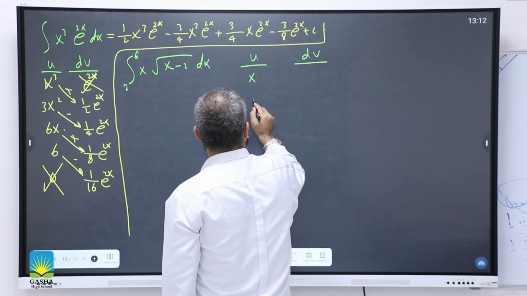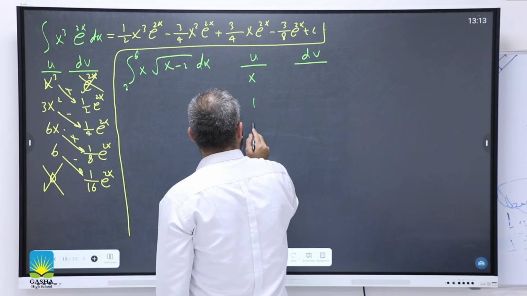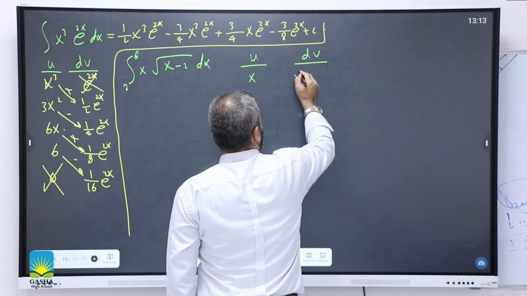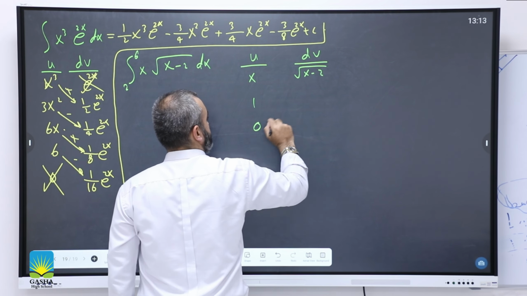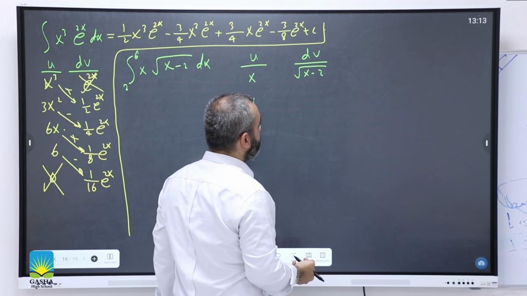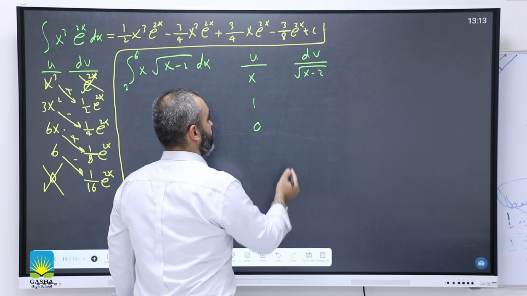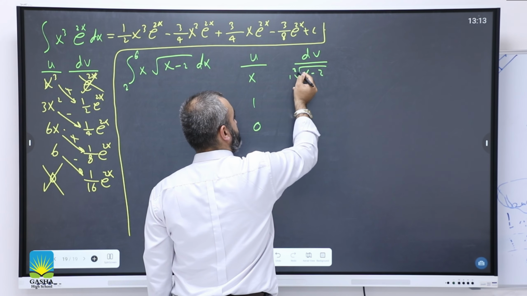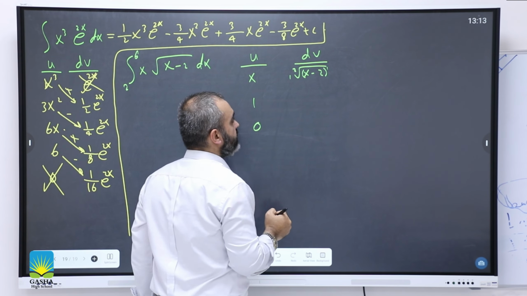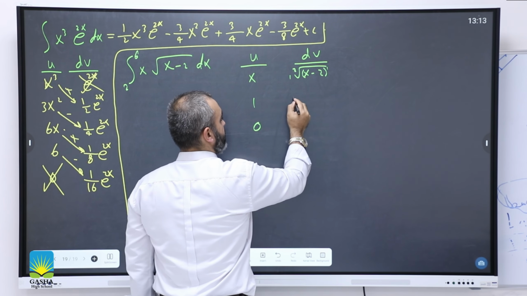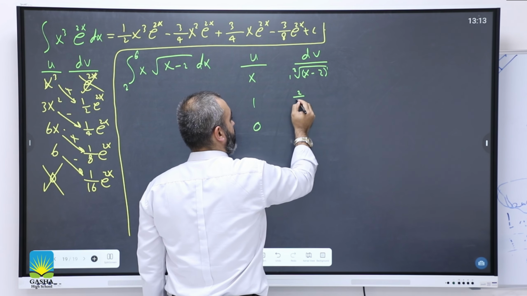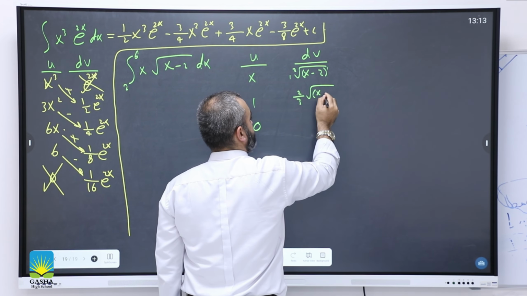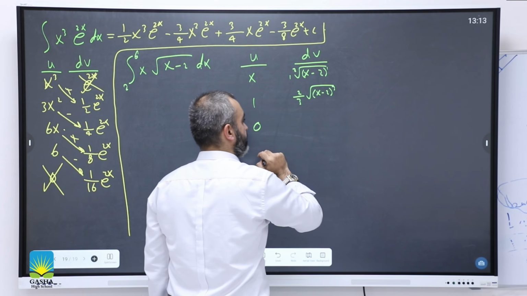We have x here, the derivative of x is 1, the derivative of 1 is 0, and we take the integral of square root of x minus 2. The integral of x minus 2 what? It's here 1, it's here 2, and the bracket is 1. So 1 times 2, it's 2. 2 plus 1 is 3. And the square root of x minus 2 to the power 3.